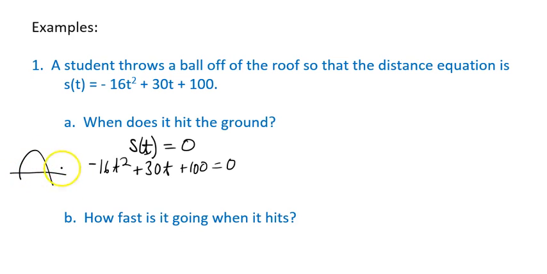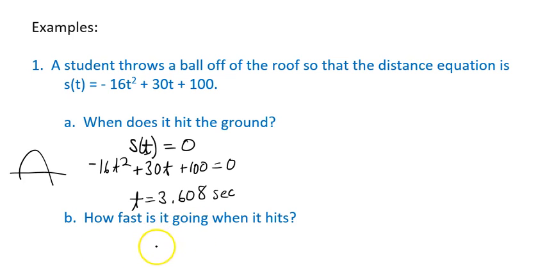One answer will make sense, one will not. And if you type that in and graph it and calculate your zeros, you get time to be 3.608 seconds. So they threw it off the roof. It took 3.6 seconds to hit. And you want to make sure you're rounding correctly to 3 decimal places if you are using that calculate the zeros thing.